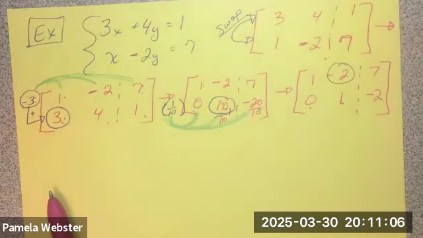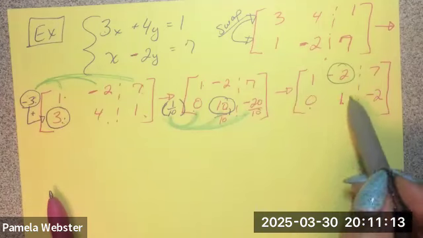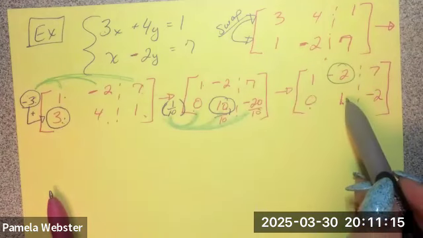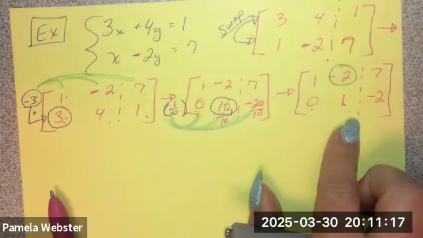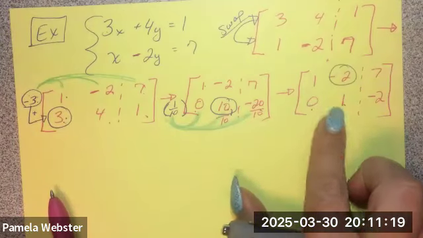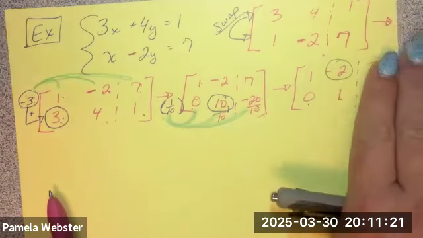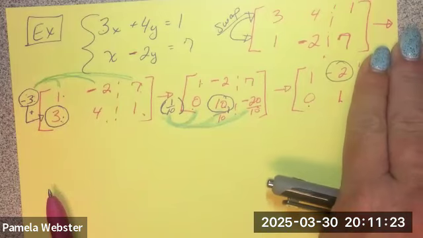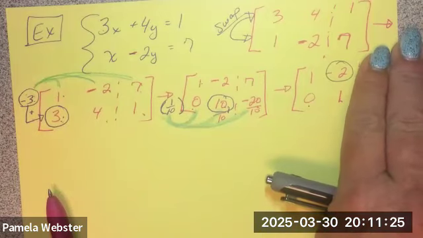Now, the way I'm going to do this, and it's going to be the same process every time, so be careful, is I'm going to start working off the bottom row, okay? The bottom row is exactly what I want it to be right now, right? 0, 1, -2. I don't care what the right-hand number is. I just care that it's a 0 and a 1. So I do not want to mess this up.